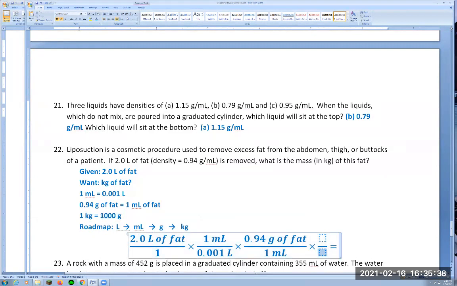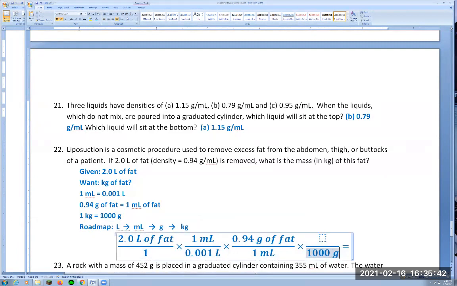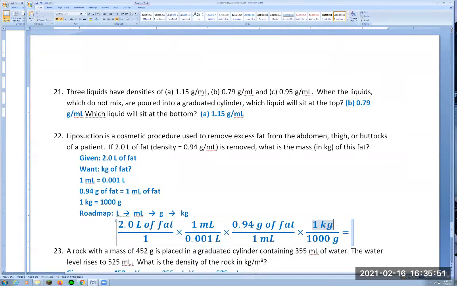You want to cancel grams, so you will place the 1,000 grams on the bottom and then the 1 kilogram on top. We can see here how liters cancel, milliliters cancel, grams cancel, and then we're left with kilograms.